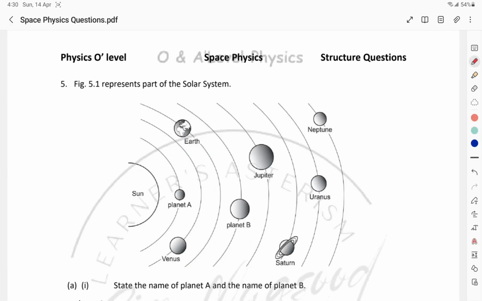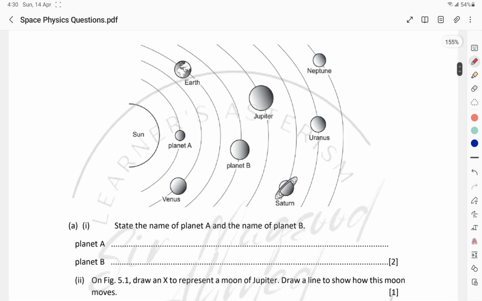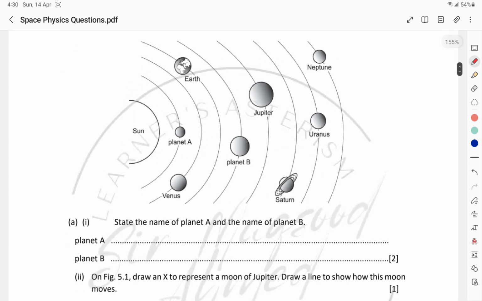Now question number 5. Figure 5.1 represents part of the solar system. Dear students, in figure 5.1, the sun and 8 planets are shown. The question is: state the name of planet A and the name of planet B. In the diagram, the names of the planets are shown except planet A and planet B. Planet A is the closest planet to the sun and planet B is at number 4.